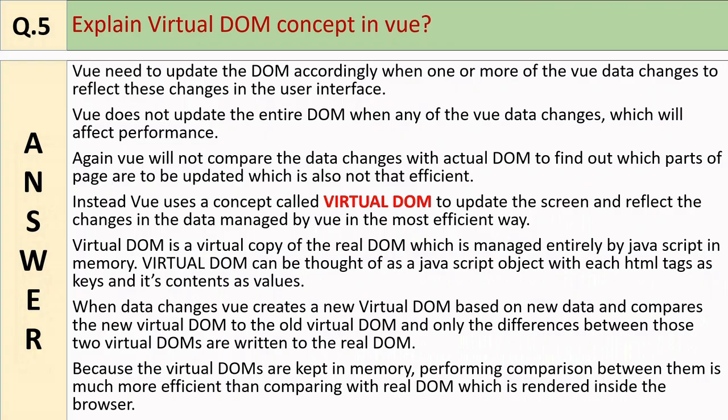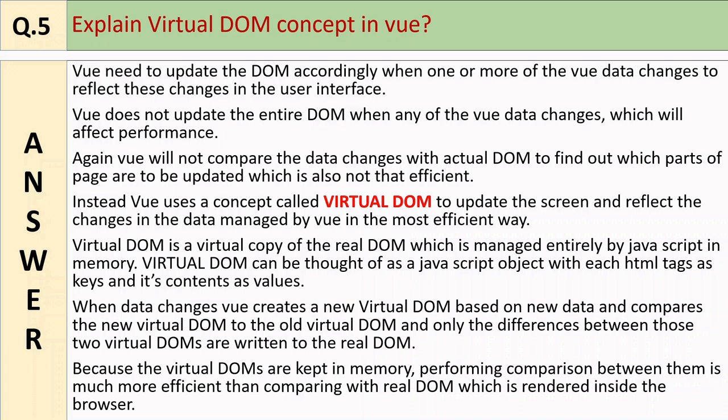Explain the virtual DOM concept in Vue. Vue needs to update the DOM accordingly when one or more of the Vue data changes, to reflect these changes in the user interface. But Vue does not update the entire DOM when any of the data changes, as that will affect the performance.